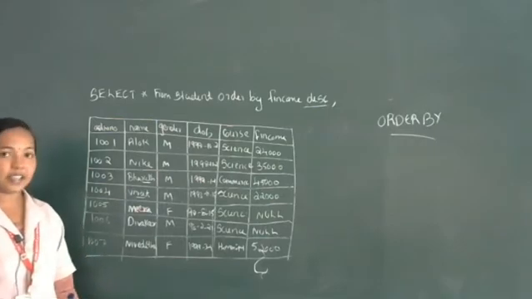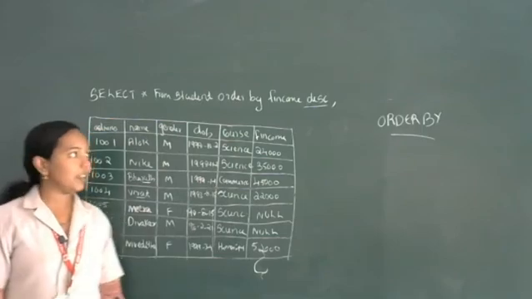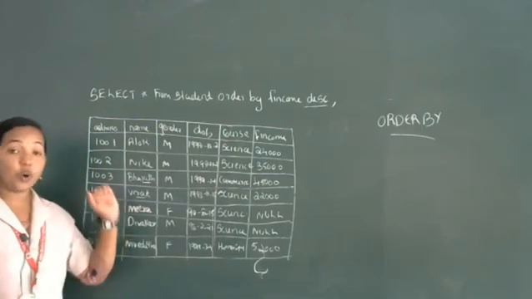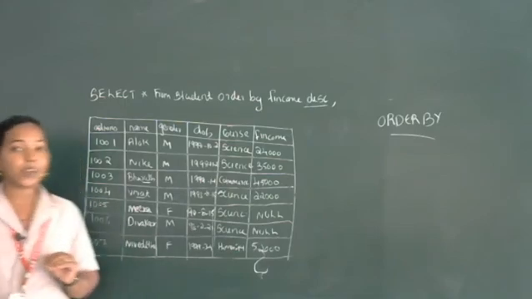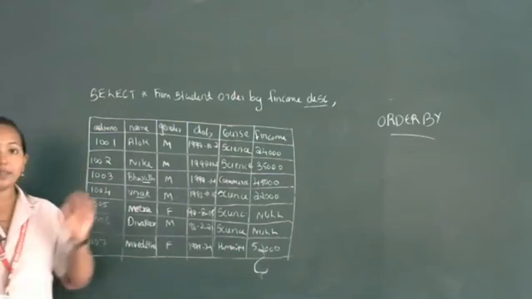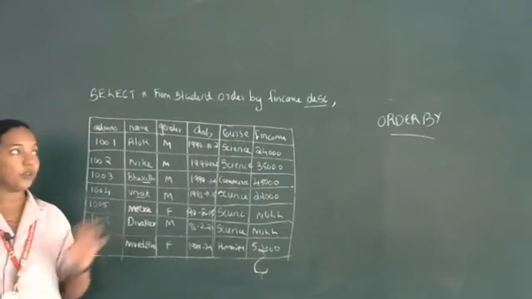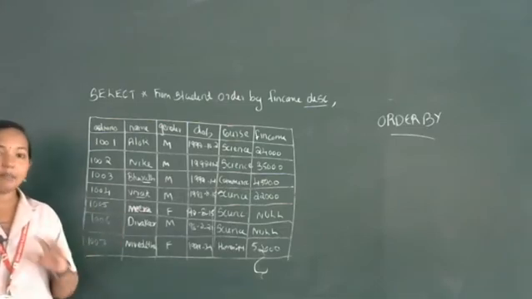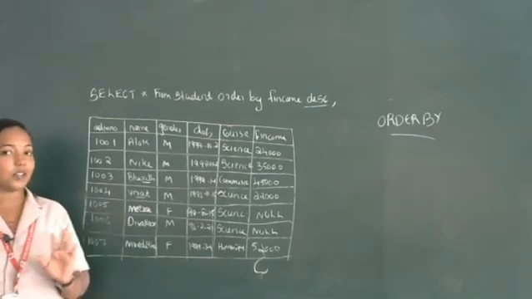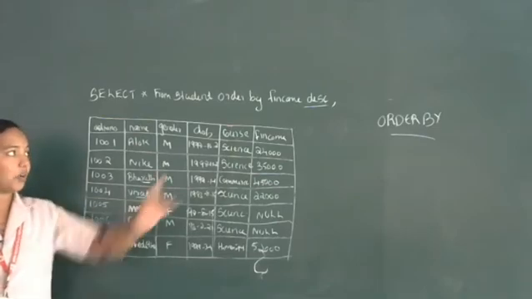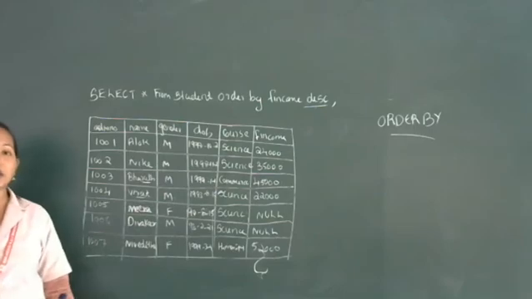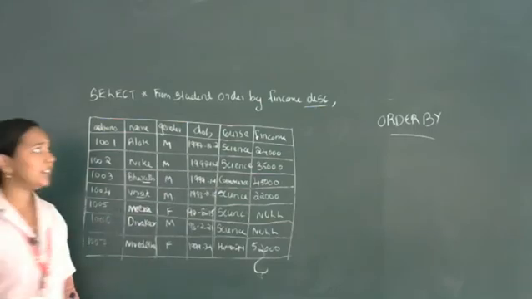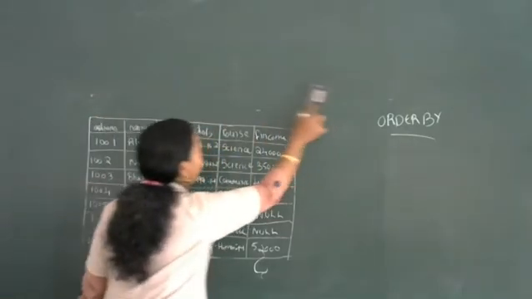Clear? I think it is clear. The ORDER BY clause is used for arranging or sorting values in a column. If you want to sort values in ascending order, use ORDER BY with that column name. If it is descending order, we include the special keyword DESC.